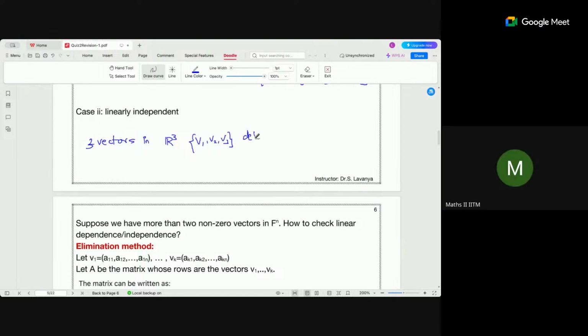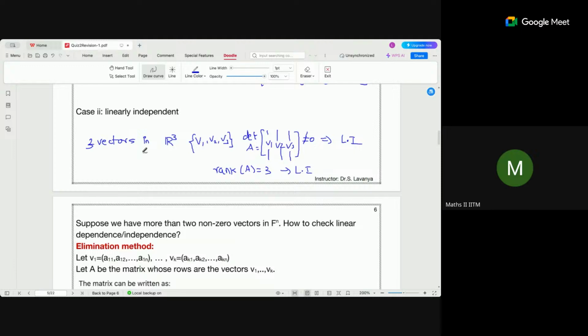So you write the vectors v1, v2, and v3 as columns of a matrix. If the determinant is non-zero, then the vectors are linearly independent. If it is zero, it means it is linearly dependent. Also if you are using rank, what should be the rank of this matrix? 3. So if rank is 3, then you know that it is linearly independent.